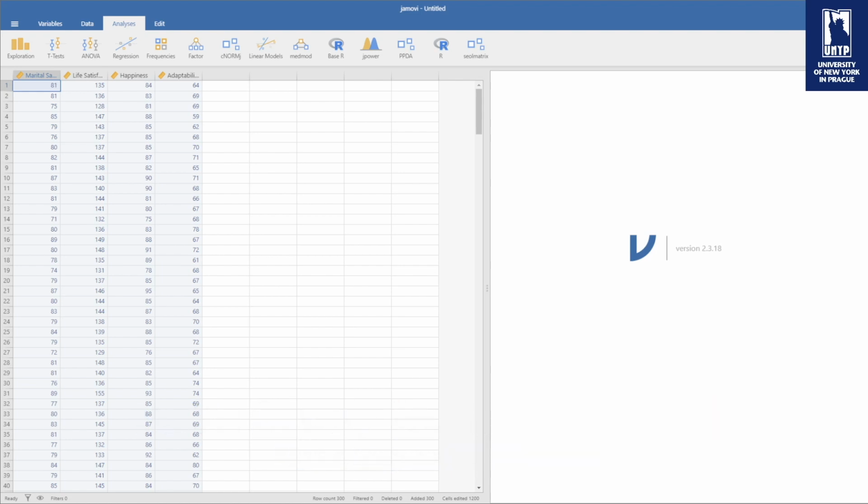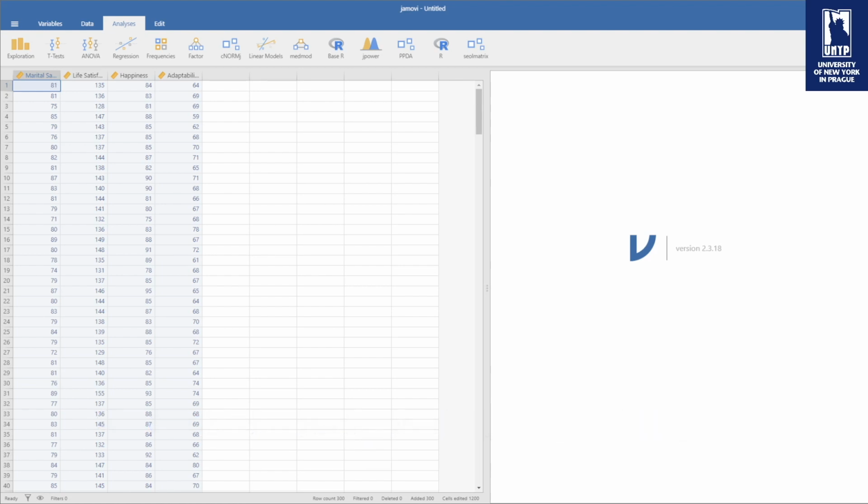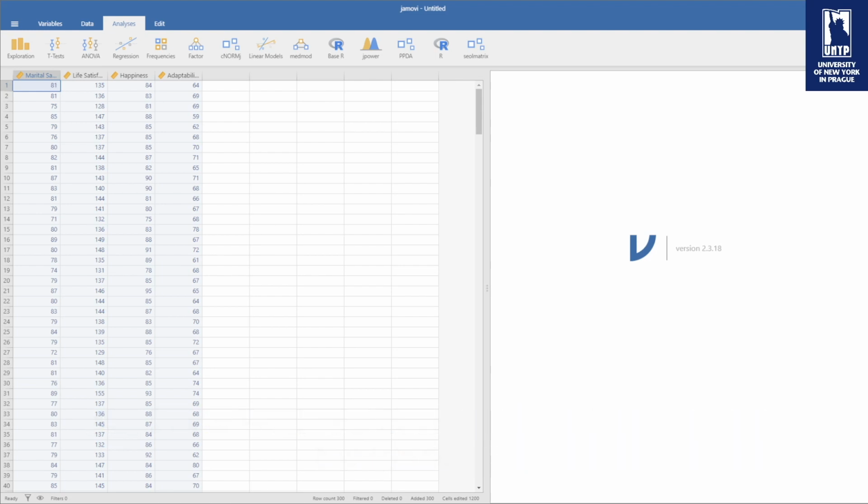However, we know that several other factors like class attendance, sleep hours, mental health, amount of hours spent on playing video games, etc., also play a role. So, using multiple regression, we can include all of these predictors in our analysis to get a more comprehensive picture of what predicts real academic success.